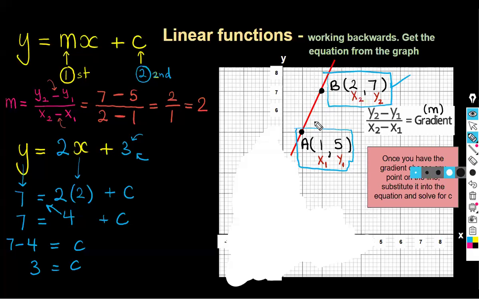Will you be able now to see where it slices the y-axis? You will not. You will be forced to do it the long way via the calculations. Don't worry, I'm going to prepare for all the eventualities here, or all the ways it could come.